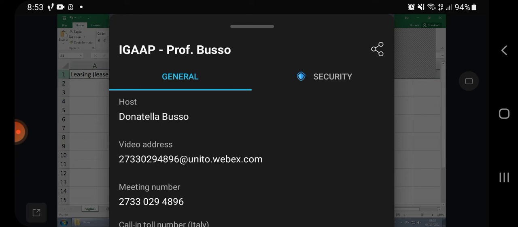Okay? So, this is the name of the contract. These are the characteristics of the contract. And this is if this type of contract meets or not the definition according to IFRS 16.